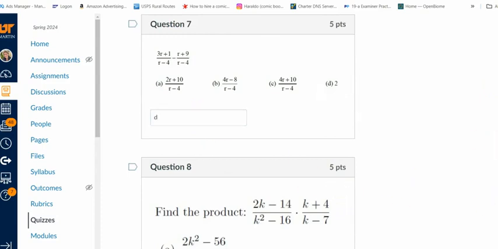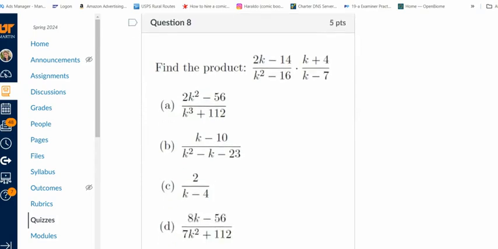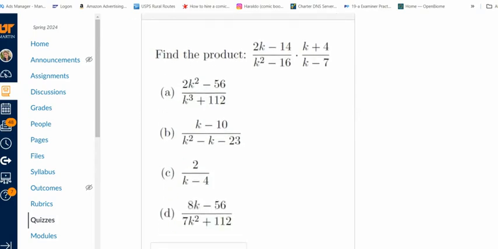Okay, let's keep going. Find the product. So when you have a product, you just multiply the tops and the bottoms. Let's factor. I can factor out a 2 there. Then k squared minus 16 factors to k plus 4 times k minus 4.